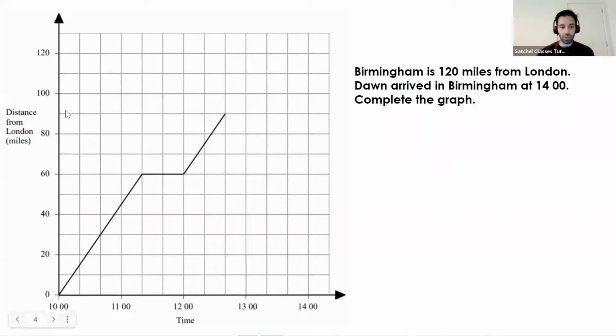However, Dawn got to Birmingham at 1400, so 1400 is over here. So what we need to do is make a point, 1400 and 120 miles. So we just need to draw a straight line joining to the point that we've just plotted on the graph. And it's simple as that with a question like this.